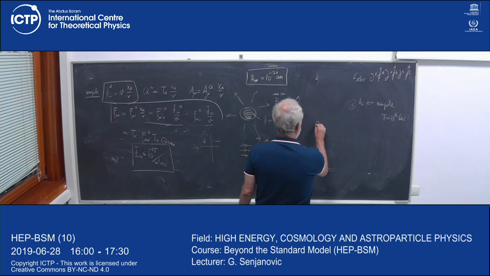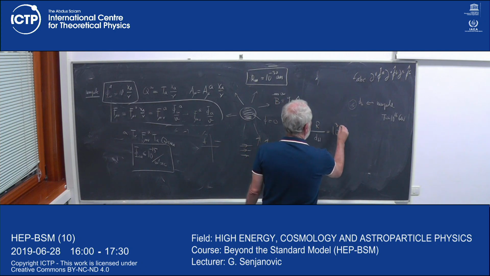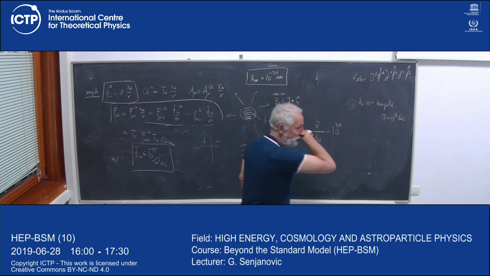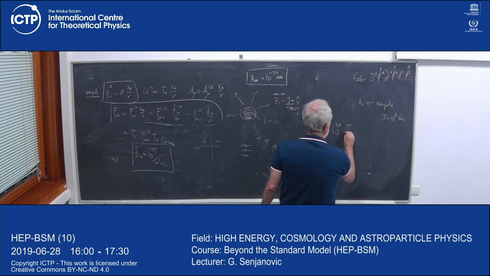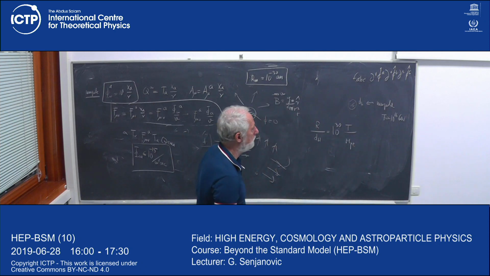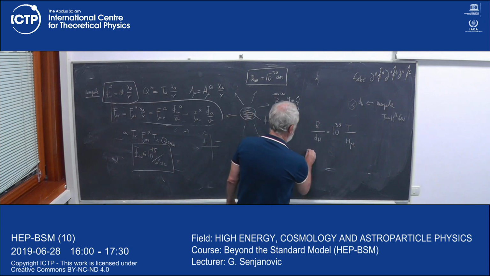R over dH. Remember I gave you the formula, it was roughly 10 to the 30. Do you remember that there is a formula like this? Well, remember, because R is roughly 10 to the 30 over time, and dH is roughly m Planck over T squared.